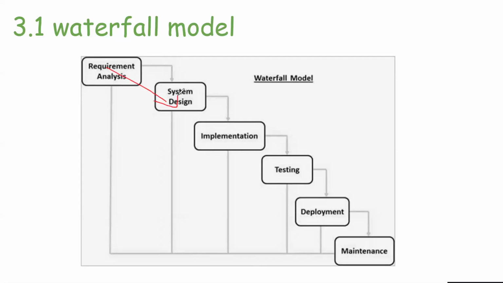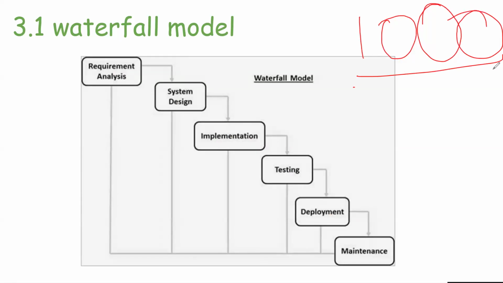So after completion of analysis, then only design, then only implementation, then only testing, then only deploy, then only maintenance. So if you want to produce a software like Flipkart or Amazon, Book My Show or Redbus kind of application, maybe you want to deliver 1,000 requirements, maybe login page, registration page, payment gateway.